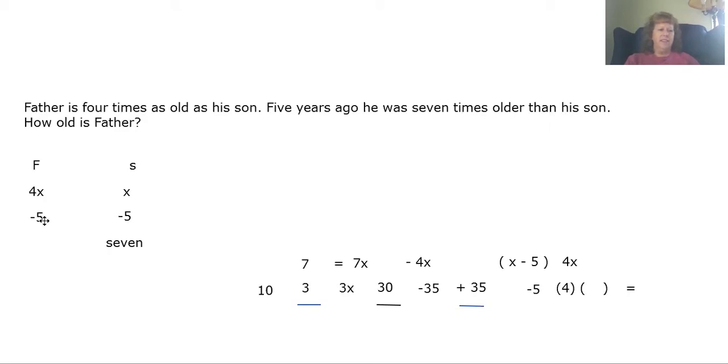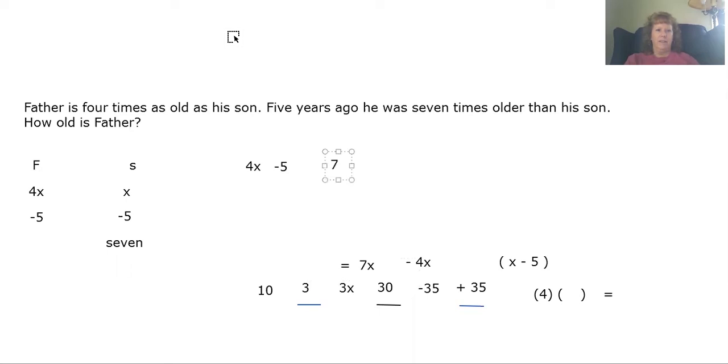So if we had this side of father's equation, 4x minus 5, is equal to the other side of our equation, which was 7. I might be missing an equal sign.